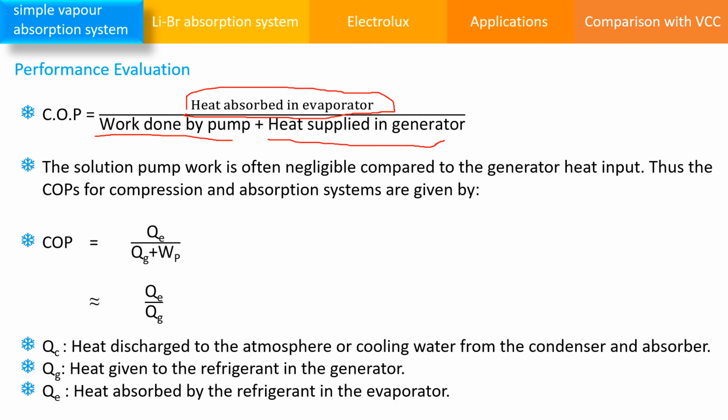This can be represented symbolically: QE is heat absorbed in the evaporator, QG is heat provided to the generator, and WP is work done by the pump. If you see the values of QG and WP, it is often seen that WP is negligible compared to QG. So COP is approximately considered as QE upon QG, where QE is heat absorbed in the evaporator and QG is heat supplied to the generator.